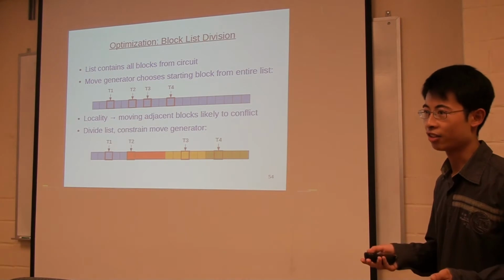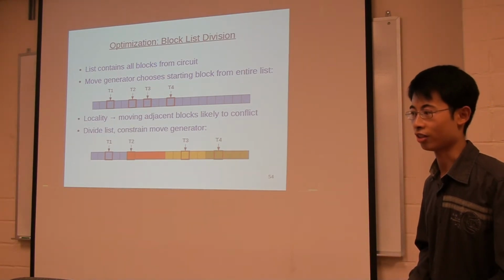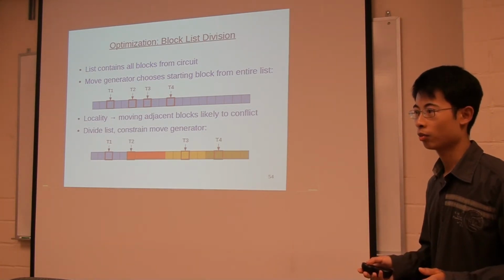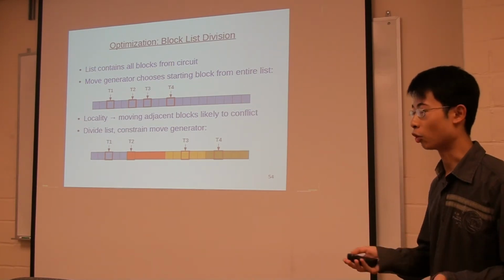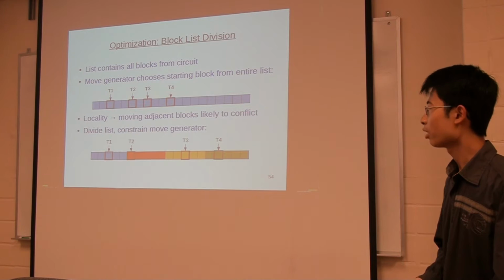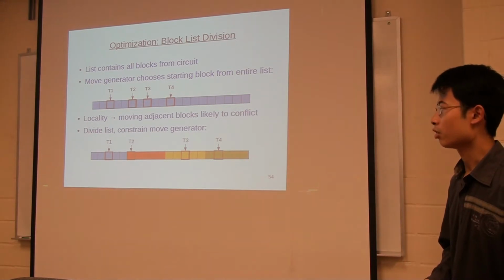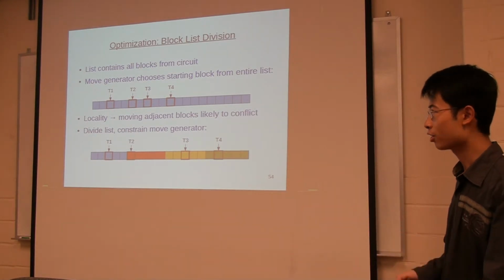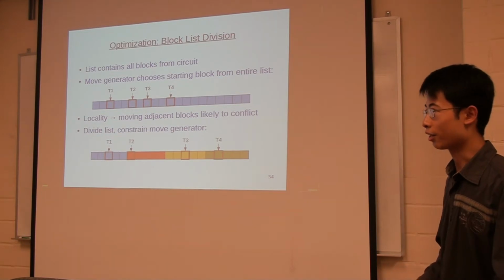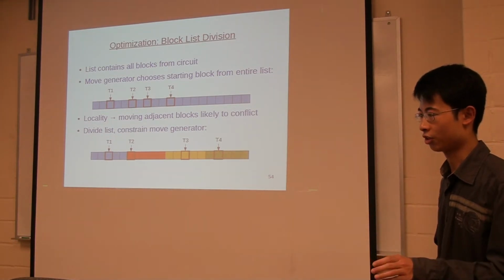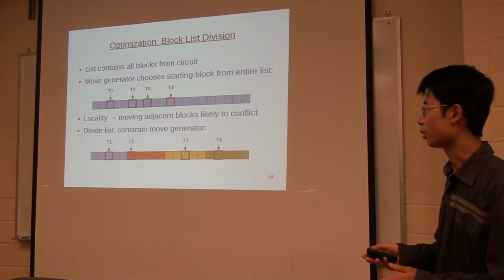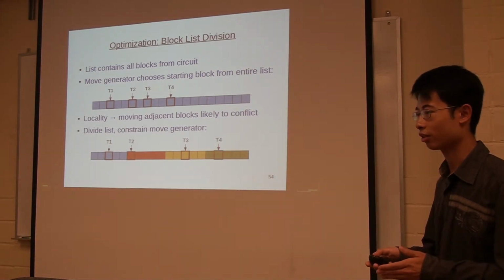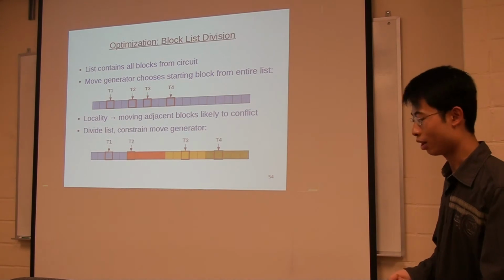But there is some locality between adjacent blocks in this list, and so blocks that are chosen from close by are more likely to conflict. So what we can do is to divide up the list evenly among threads and constrain the move generator to use only the blocks from each of the partitions. That way we avoid choosing blocks that are next to each other too often.